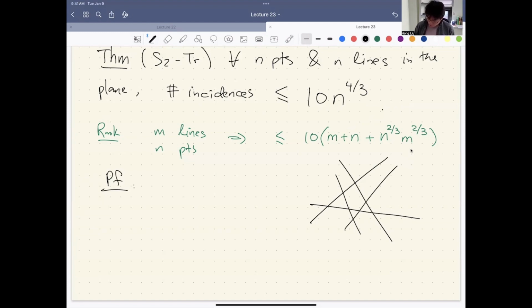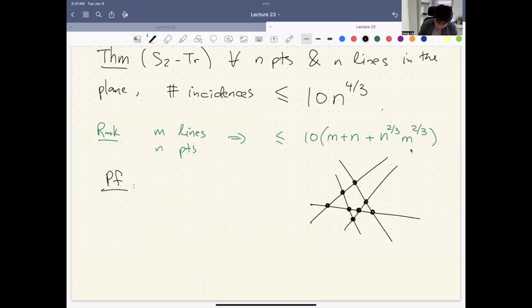Now, this is our line and this is our point. Lines and points. Our auxiliary graph will have as its vertex set the set of all points as vertices.